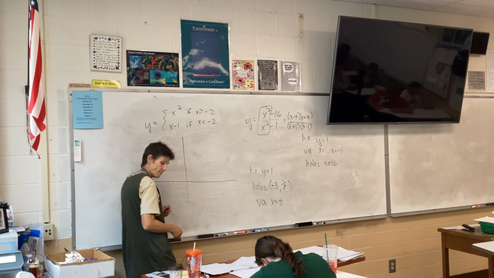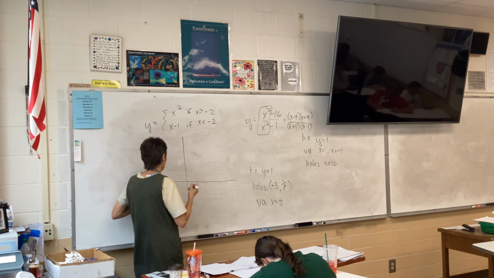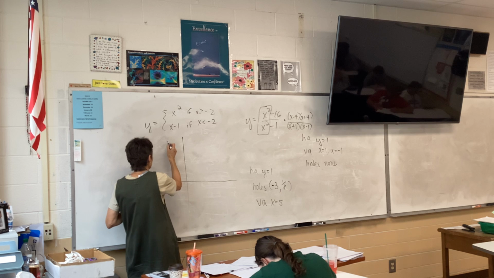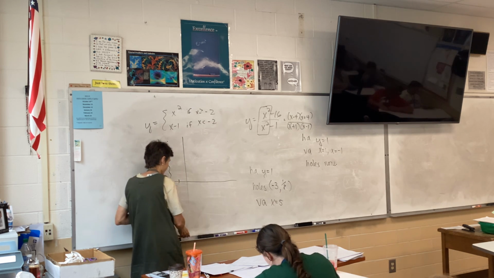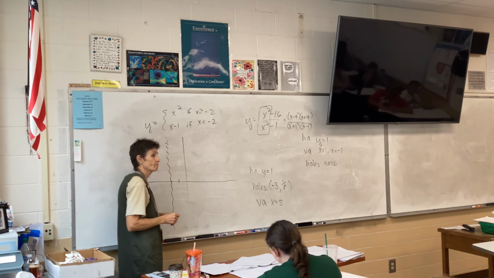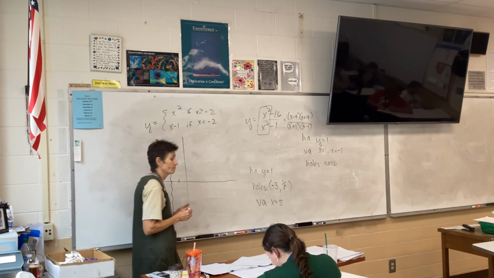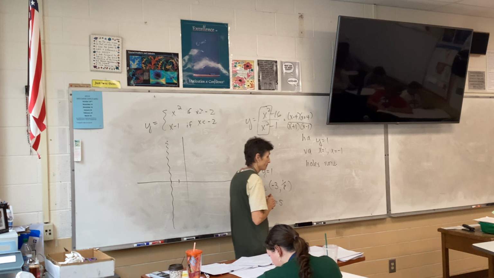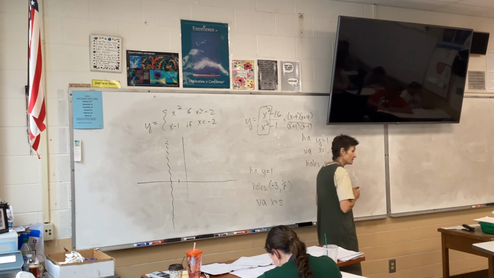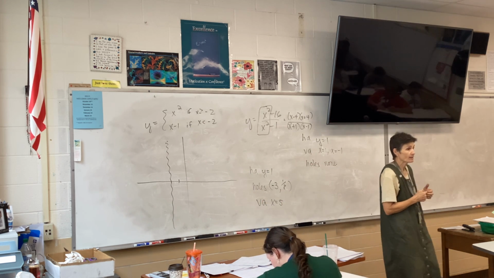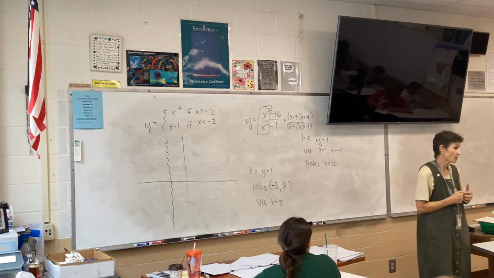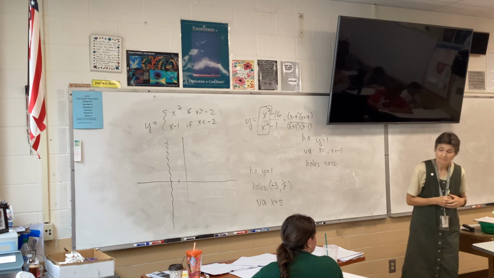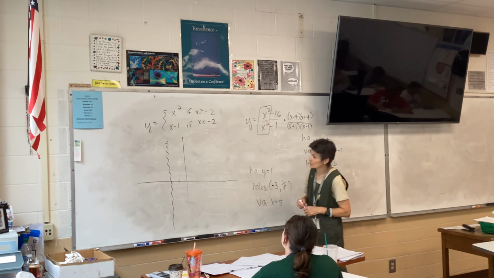Did you remember to put in a squiggly line at -2? If you forget, it's okay, we're going to erase it later anyway, but without that line, it's hard to know where to put the dots. All right, what shape do I have first?